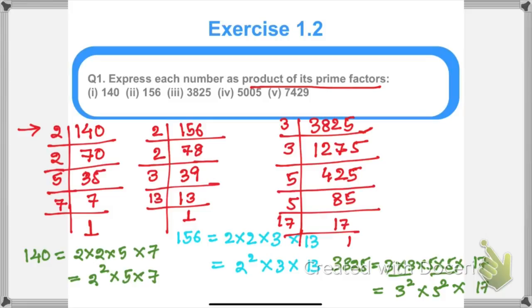Now the next question is 5005. So factorizing it, okay, so this won't be divisible by 2 and 3. So dividing it with 5, 5 1s are 5, 0 0, 5 1s are 5. Now this won't be divisible by 2, 3 and 5 again.